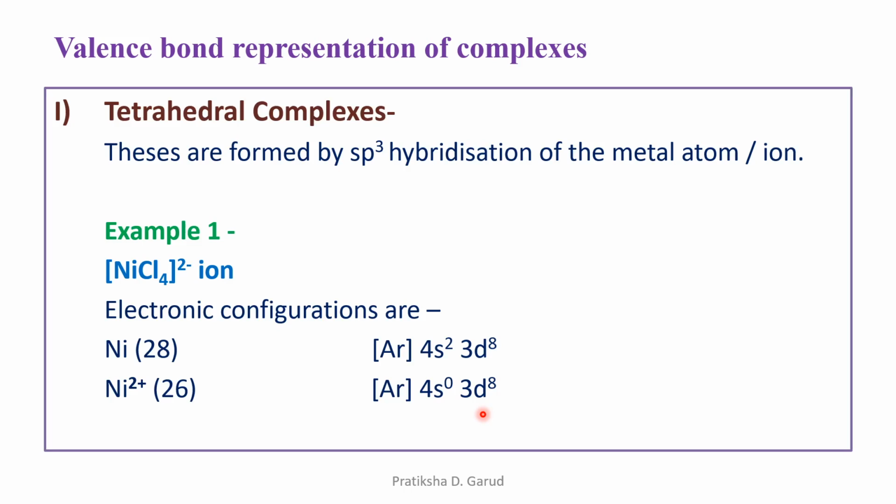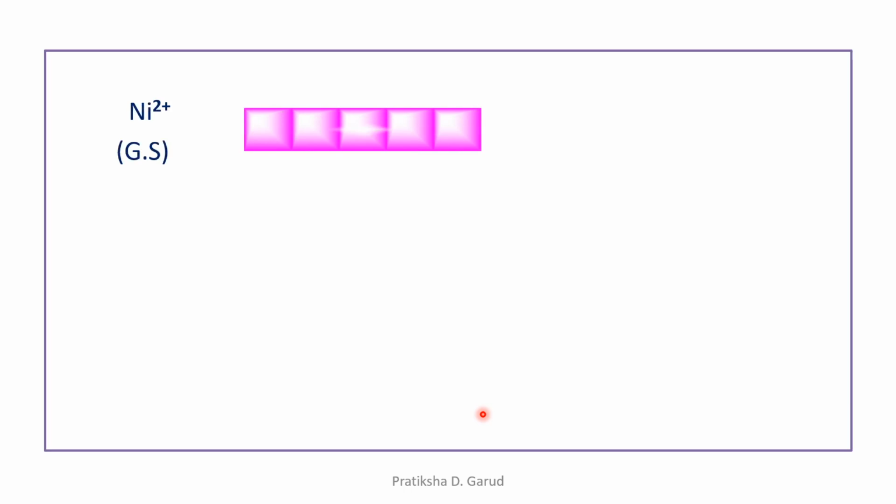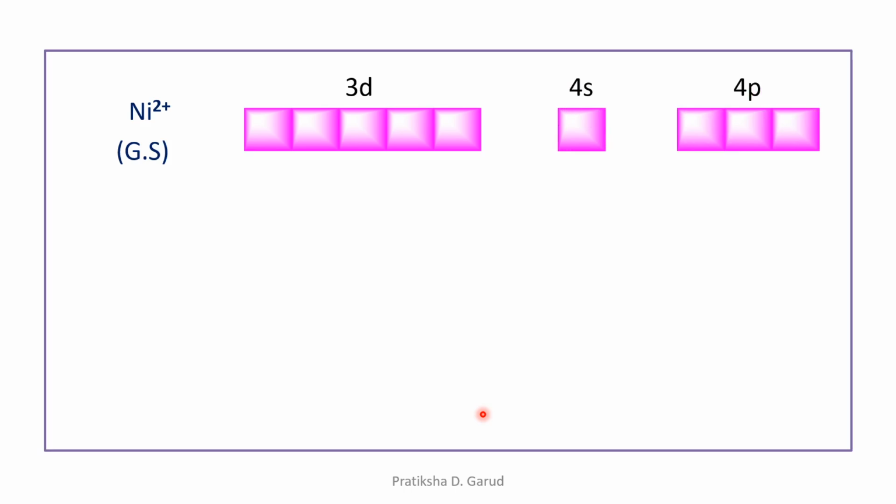So we are having 8 electrons in the d orbital and 0 electrons in the s orbital. Let's put them in a diagram. We have Ni2+ in the ground state. First we have the 3d orbitals, then the 4s orbital, and then the 4p orbitals. The electronic configuration for Ni2+ was 4s0 3d8, so we have 8 electrons in the 3d and 0 electrons in the 4s and the 4p.